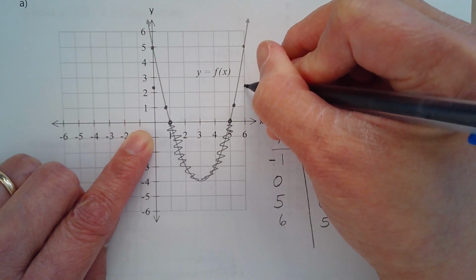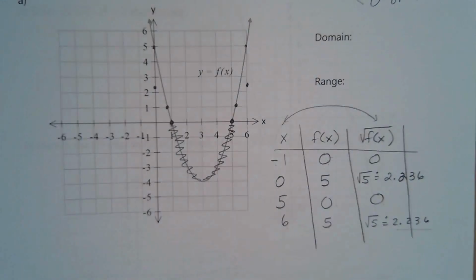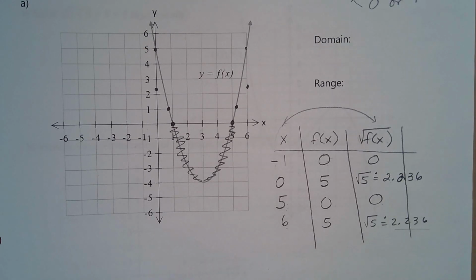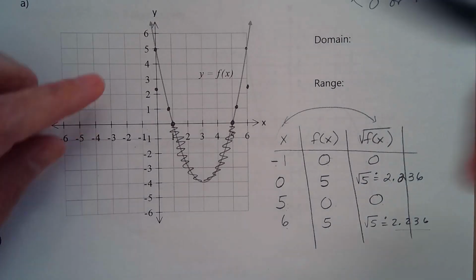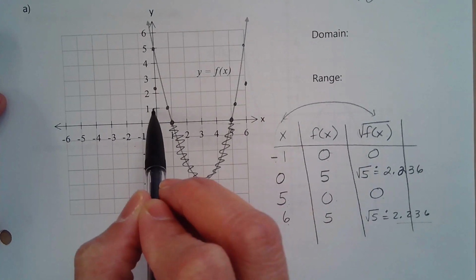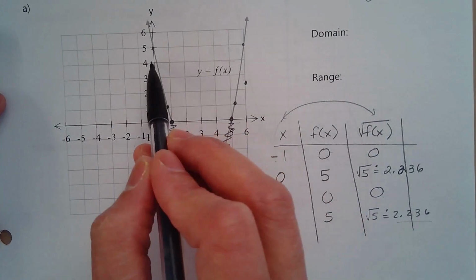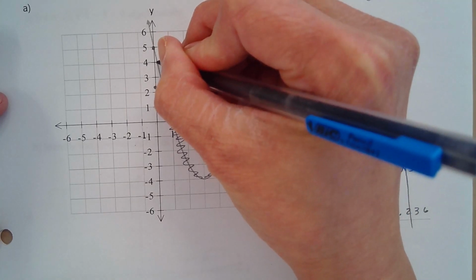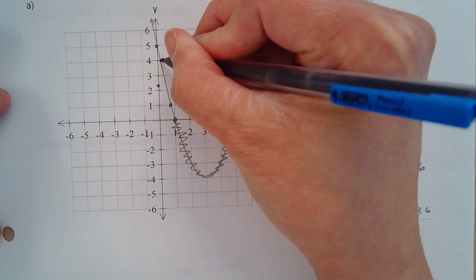Now, somebody asked me, does that mean we're going to use a calculator all the time? And here's the thing. We can take a look at the perfect squares. Perfect squares are 0, 1, 4. This is the point where y is 4. So the square root of 4 is 2.